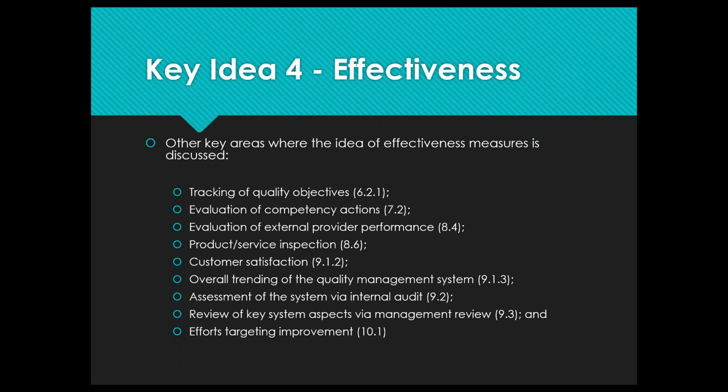Internal audit assessment, 9.2. Management review, 9.3, and then efforts towards improvement under 10.1. So there's a lot of places in the standard where this big picture idea of effectiveness is put across, and in a very specific fashion. They've got prescriptive things that they want you to do to hit the mark of effectiveness.